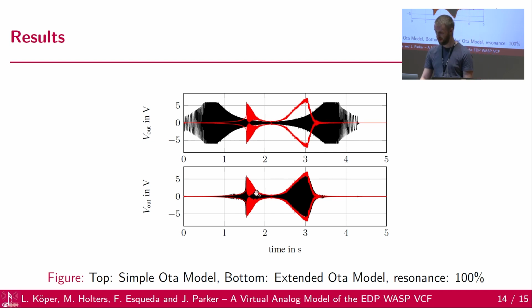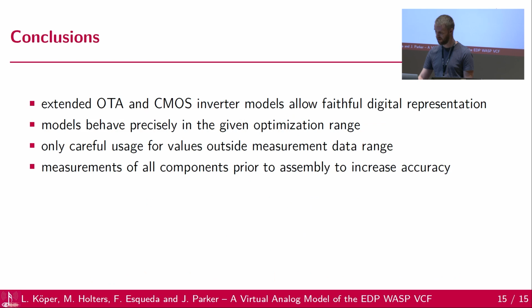Whereas the extended model, modeling this output behavior, just follows the measurements quite nicely. So it was only a snapshot of the results, but I have not much time left to give you a more detailed view on this.